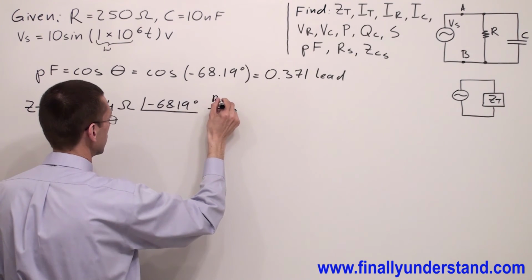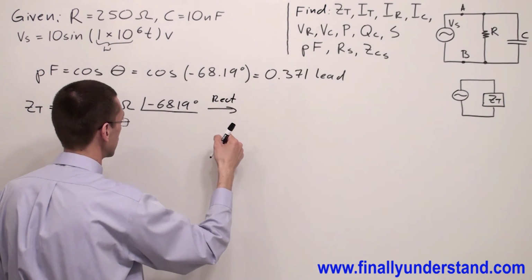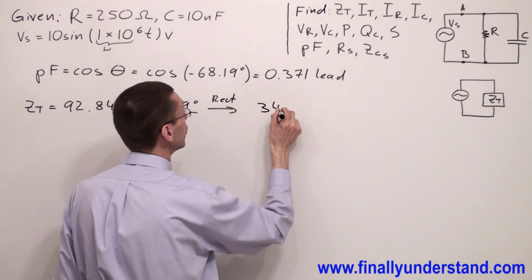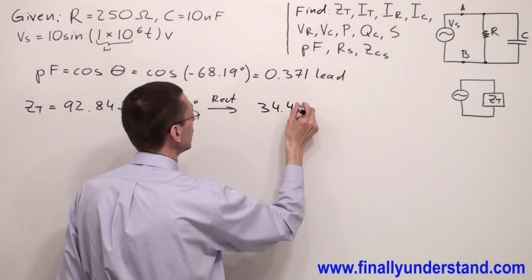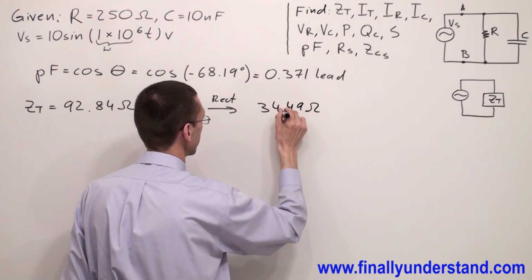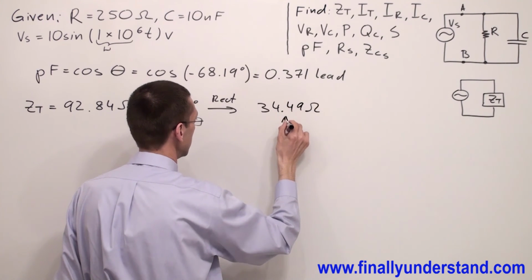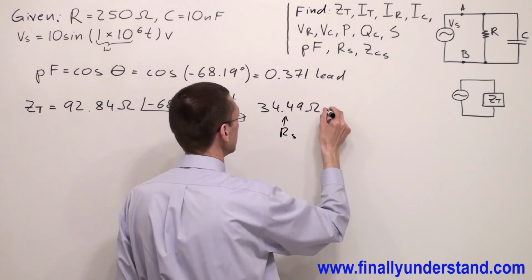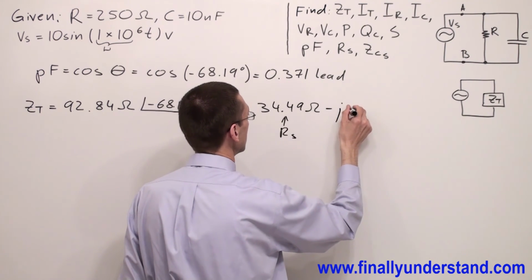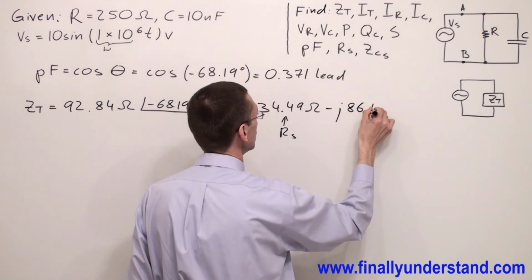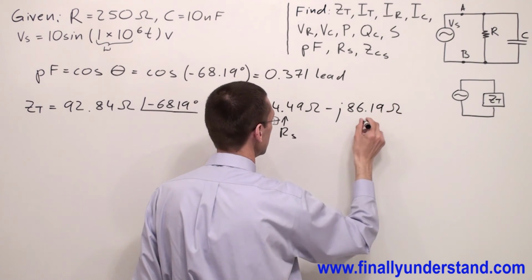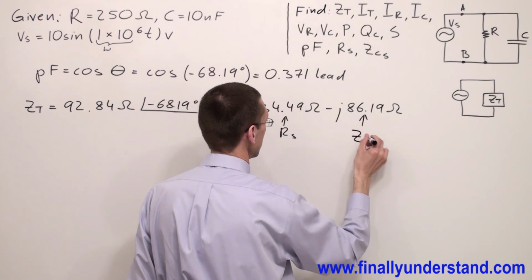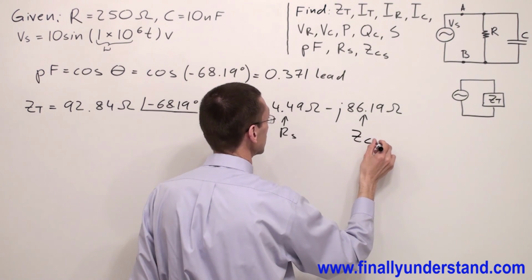So I'm going to have conversion to rectangular form, and I have 34.49 ohms. This is the value of my resistor in the series circuit, and I have negative j86.19 ohms, and this is the value of the impedance of the capacitor in the series circuit.